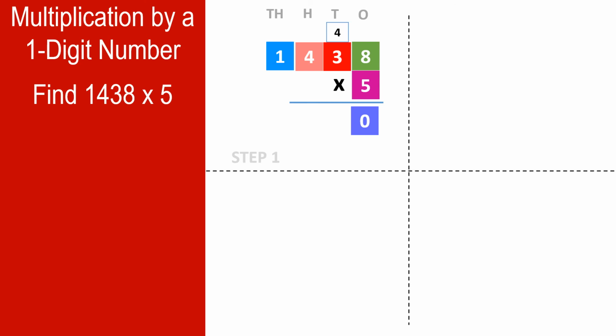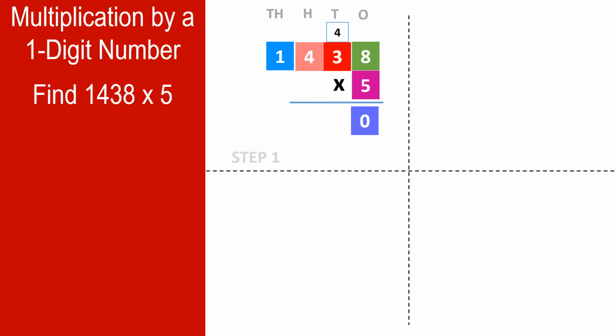In 40, which number will come at ones place and which at tens place? Very nice. 0 will come at ones place. So we will write 0 at ones place and we will carry over 4 at tens place.